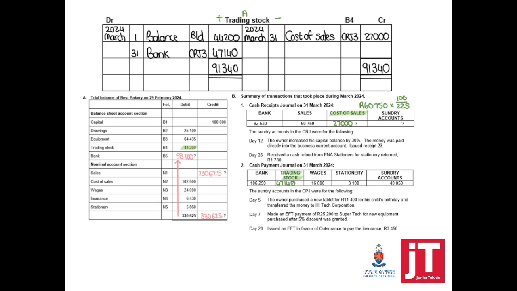The debit must be equal to the credit side minus the 27,000, and that is my balance carried down, means March, end of last month, April, the beginning of the next month, balance brought down. This is how much stock we've got available for sale.